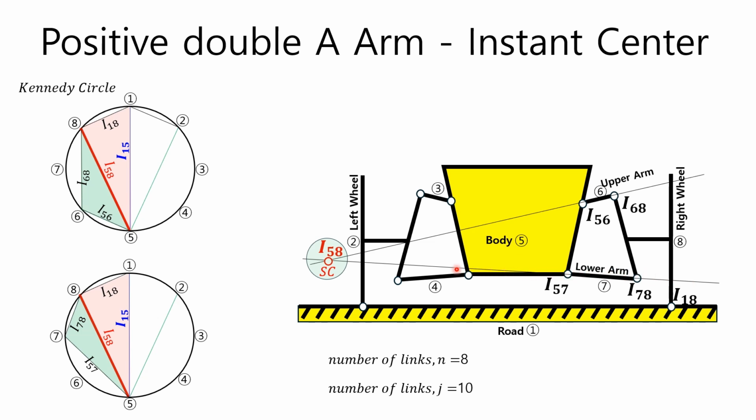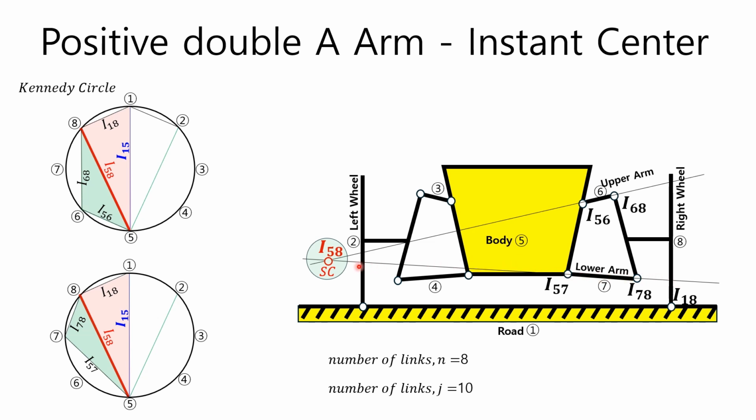These three instant centers correspond to the three line segments that form the triangle 578 in the lower left Kennedy circle. Therefore, the instant center I58 must be somewhere on the straight line connecting instant center I57 and instant center I78.